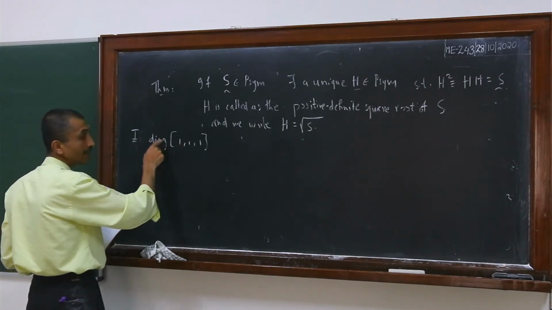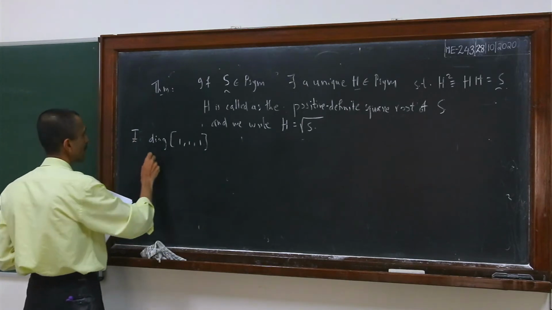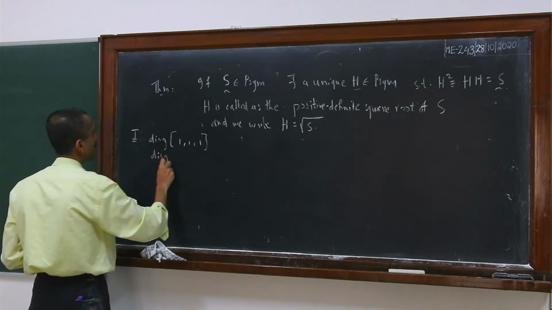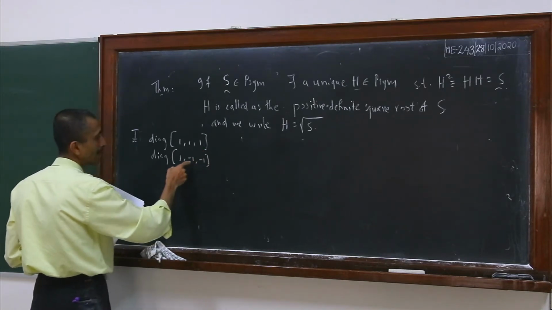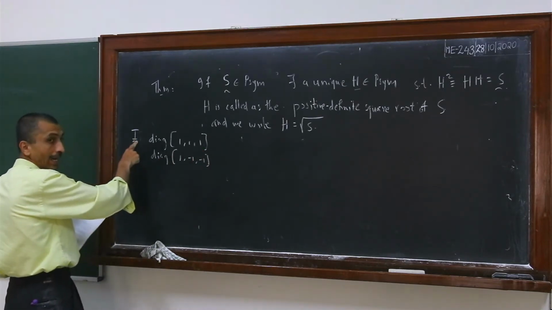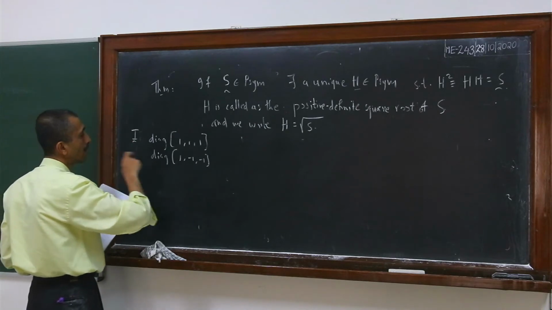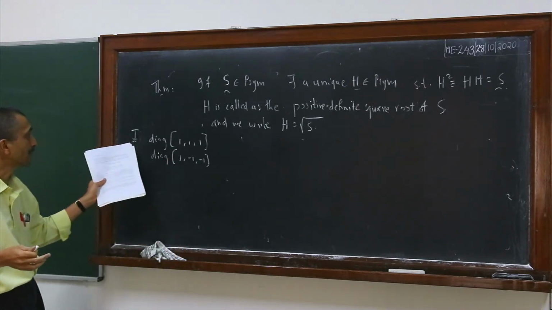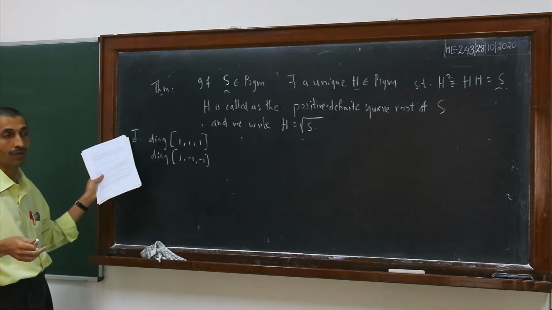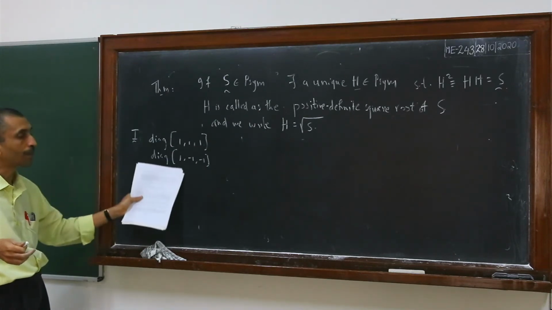Diagonal means a diagonal tensor. If I take diagonal of 1, minus 1, minus 1, and take the square of this, then again I get I. So actually there are multiple square roots even for a positive definite tensor. I is a positive definite symmetric tensor, and there are multiple square roots.